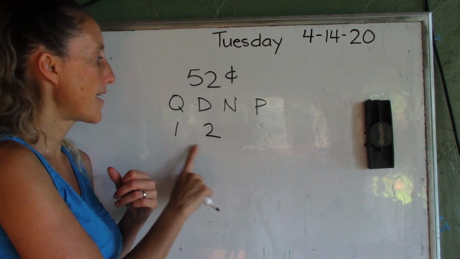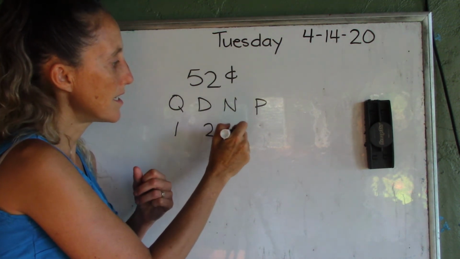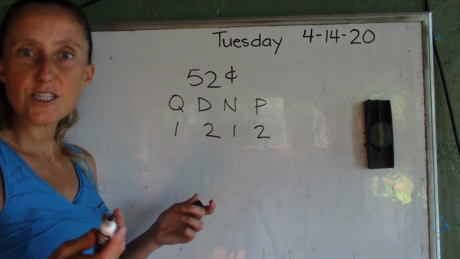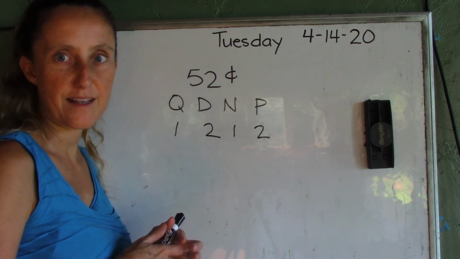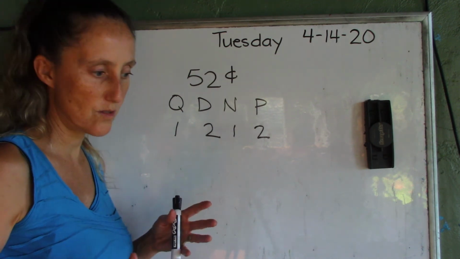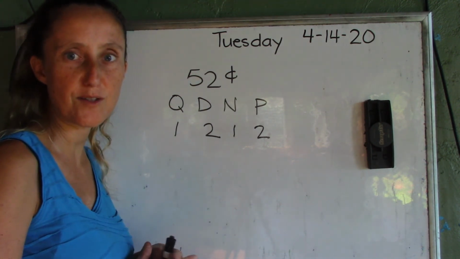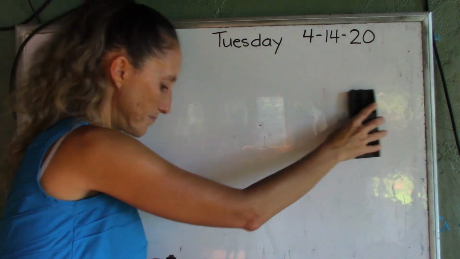So 25, 35, 45. And then I could do 1 nickel, 50, and 2 pennies. I guess just what we want you to know is that there are many ways to make 52 cents or 63 cents or 24 cents or whatever you're making. You can use different multiples of coins.